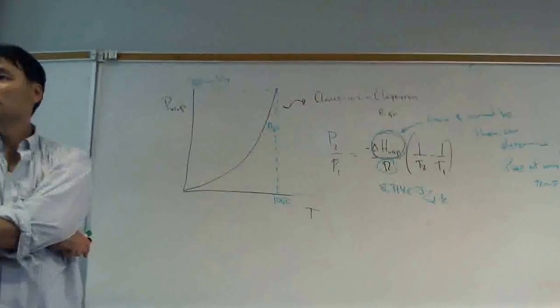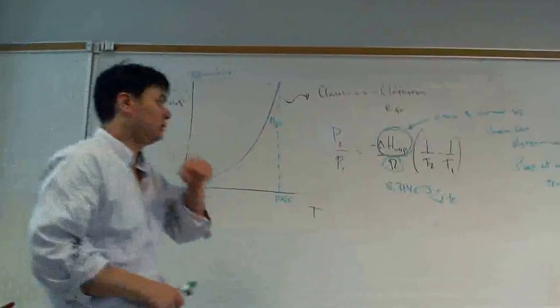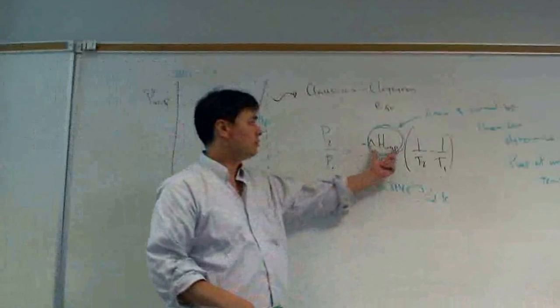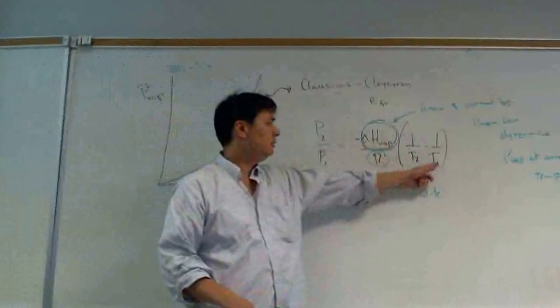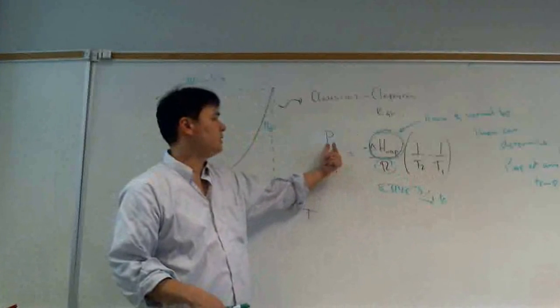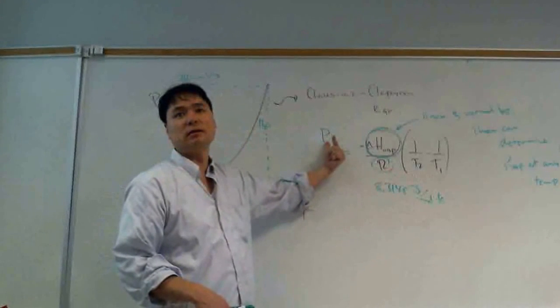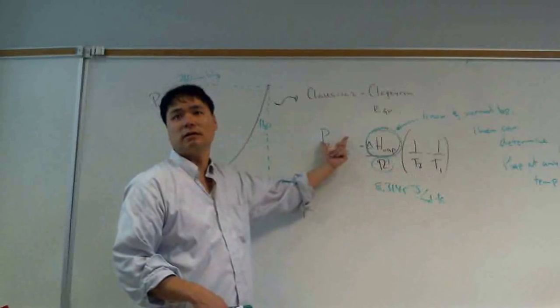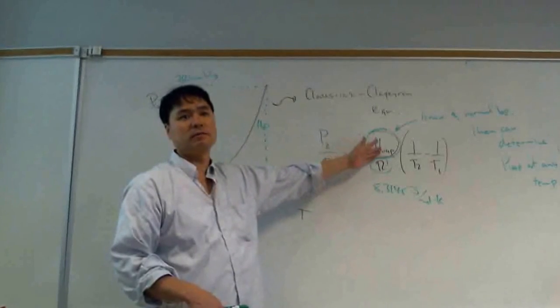Yeah, at 2 atmospheres, you could. Plug in delta H, 44. T1, 100, converted to Kelvin. P1, 760. P2 would be double that, 1520. And then you can calculate the temperature.